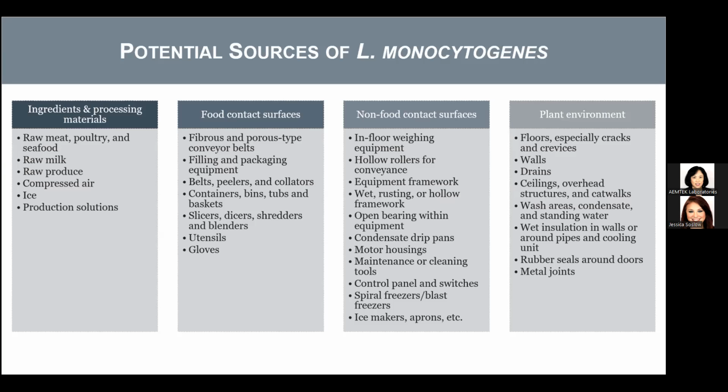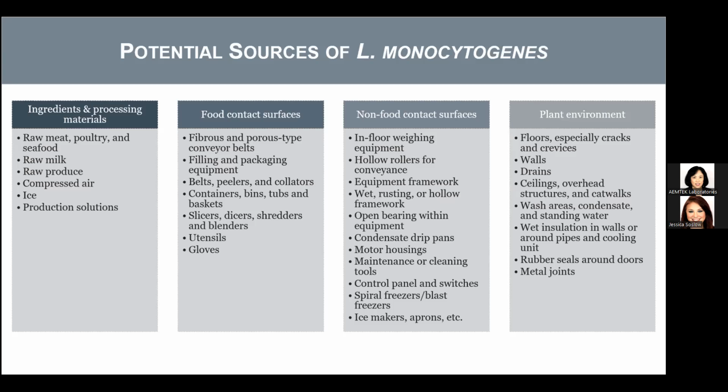For example, the ingredients and the processing material might contain the pathogens, for example, raw milk, raw produce, compressed air, any production solutions, and raw meat. And certain food contact surfaces might harbor bacteria, for example, the fibrous or porous type of conveyor belts.